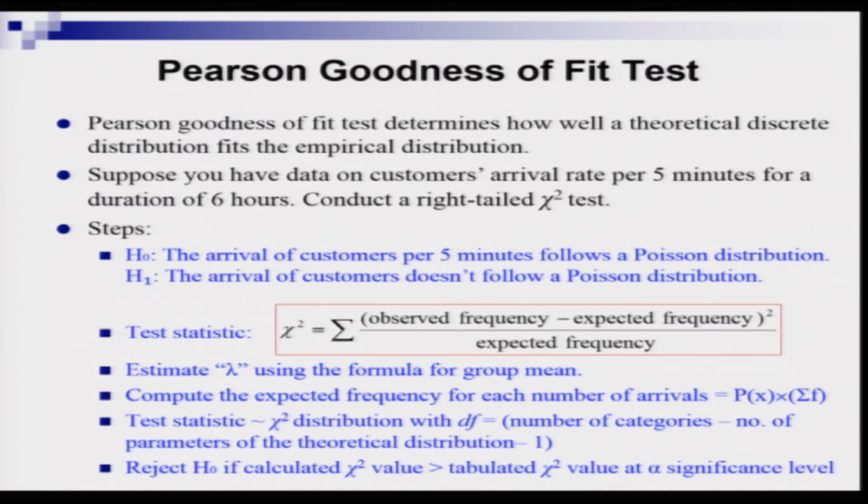So, note that here the observed frequency actually is the data that you have and the expected frequency actually is coming from the model. So, here in this case the task at hand is how to come up with the expected frequency, and this expected frequency will come from some assumption regarding the probability distribution of the random variable.